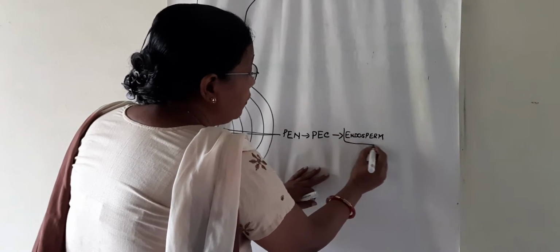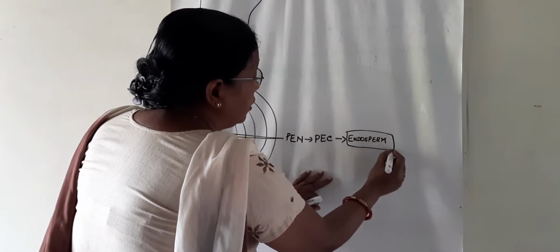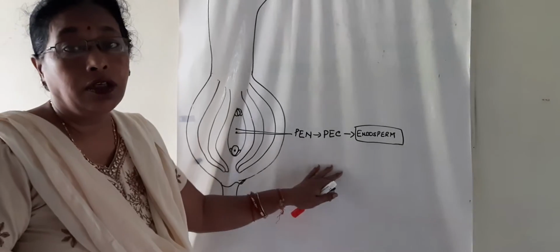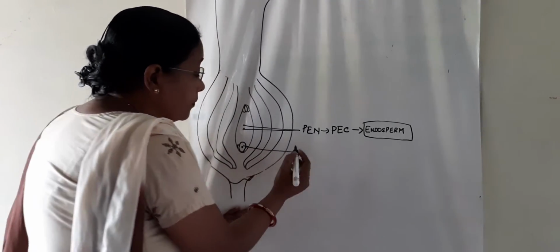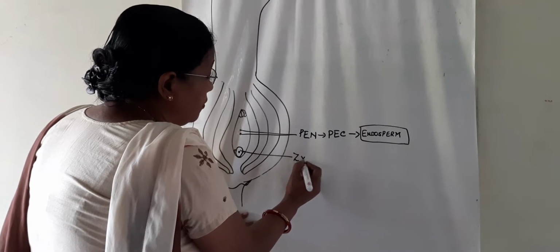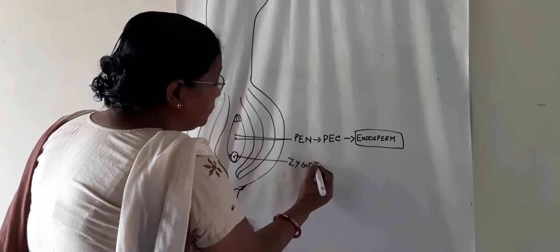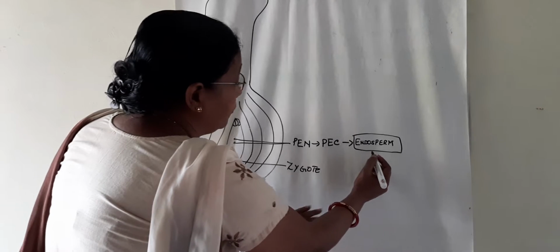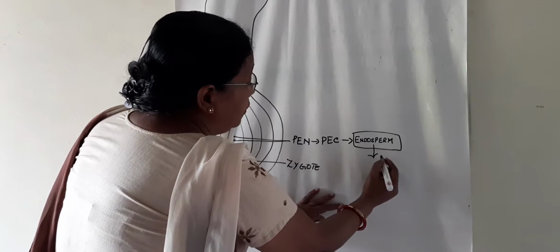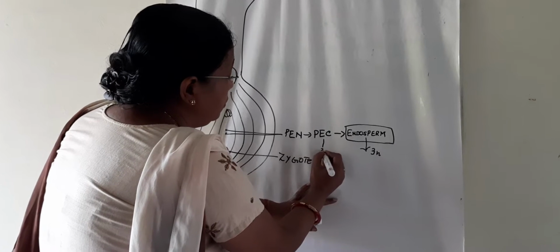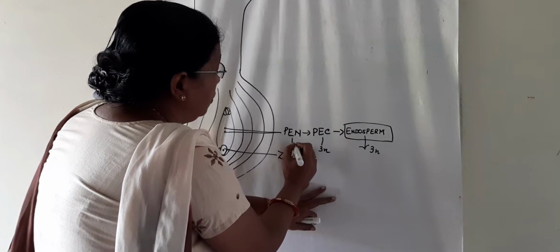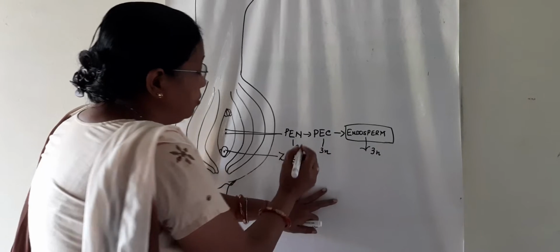Now, this is one of the major events in the post-fertilization part. The zygote that is formed is diploid. The endosperm is triploid, 3N. This is also triploid, 3N, and this is also triploid, 3N.